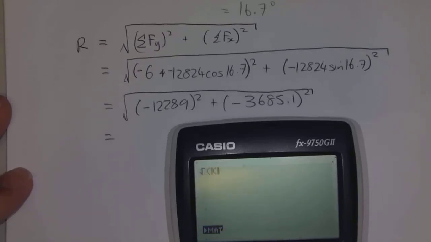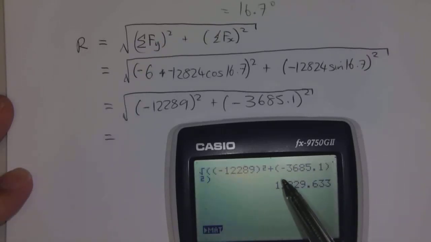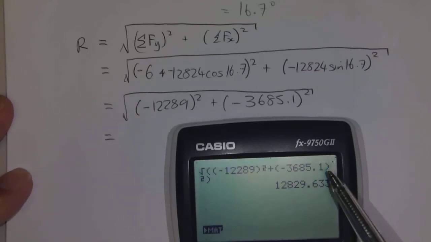So square root of minus 12,289 squared plus negative 3685.1 squared, and we get 12,829. So it turns out that this value has had negligible effect.